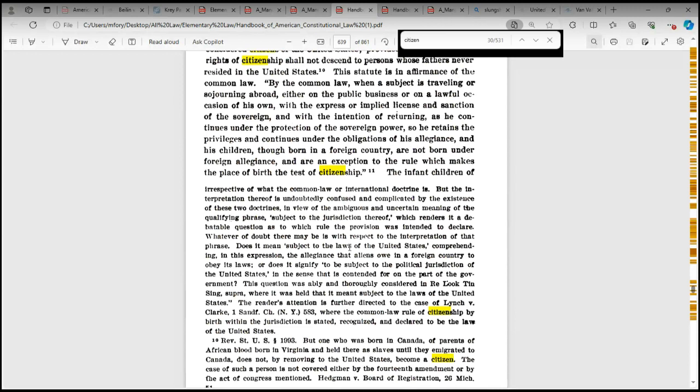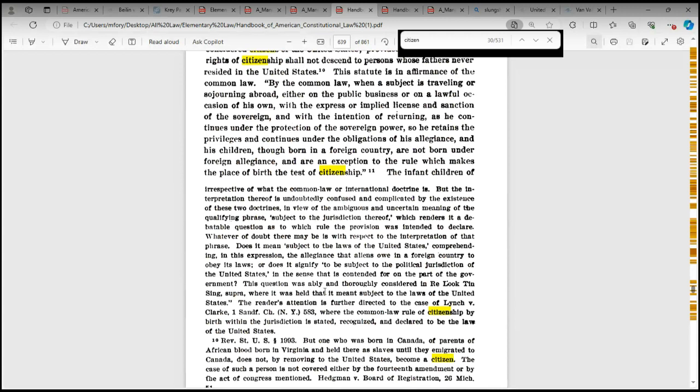However, whatever of doubt there may be is with respect to the interpretation of that phrase. Does it mean subject to the laws of the United States, comprehending in this expression the allegiance that aliens owe in a foreign country to obey its laws, or does it signify to be subject to the political jurisdiction of the United States in the sense that is contended for on part of the government?